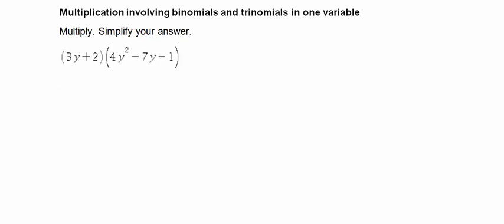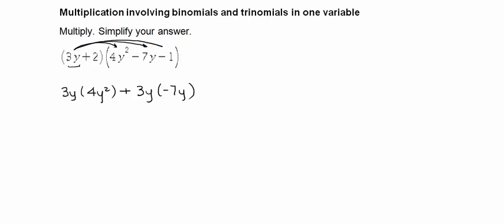do our multiplication. So the first thing we do is we take our first term, which is 3y, and we're going to multiply it with each term in the trinomial, right? So I have a 3y times a 4y squared. Then I have a plus 3y again times a negative 7y.